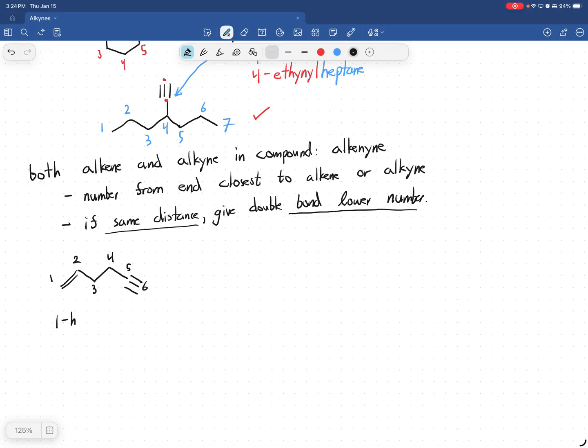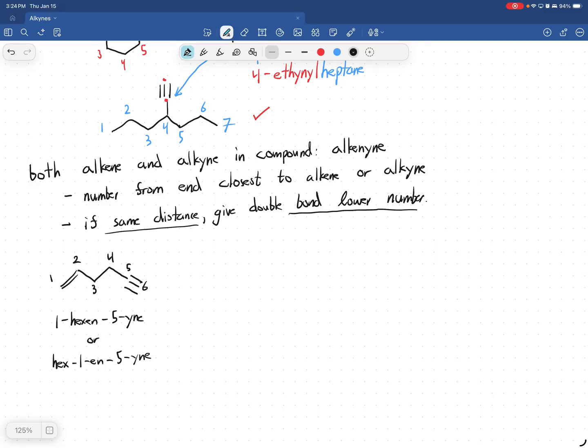So 1-hexene, 5-yne, because that's where the alkene starts, at the lower number. Or you could do hex-1-ene-5-yne.